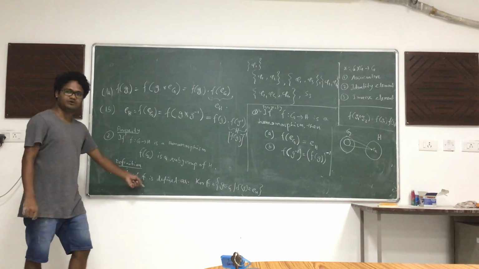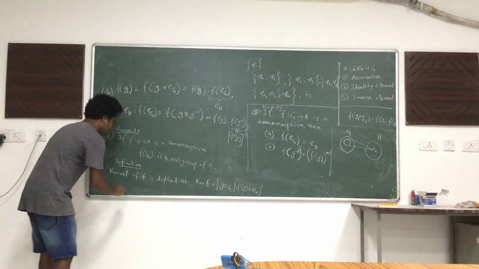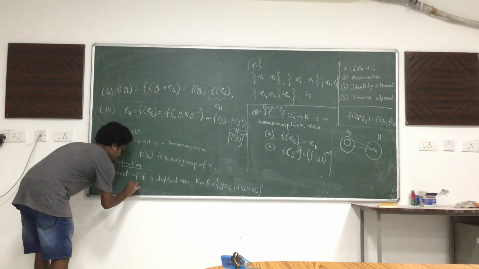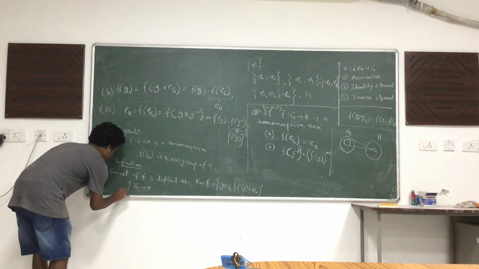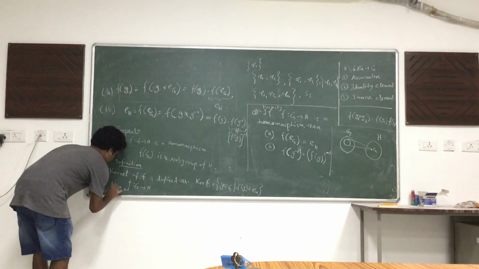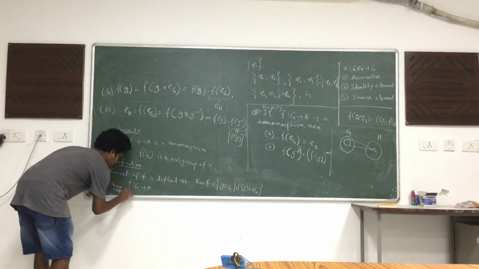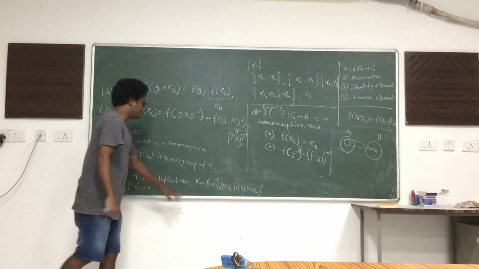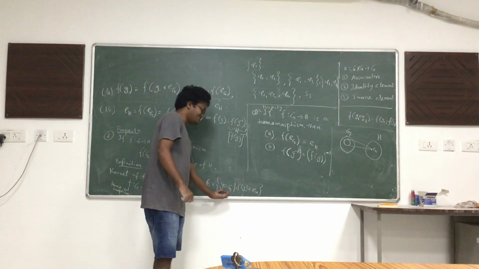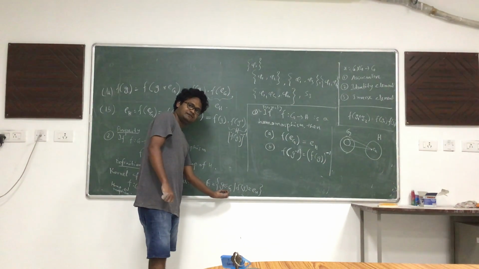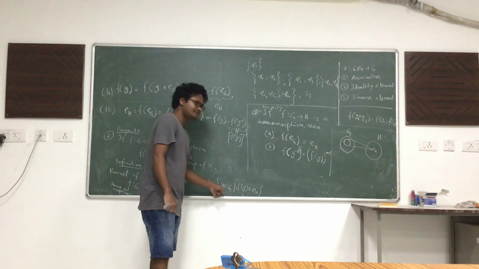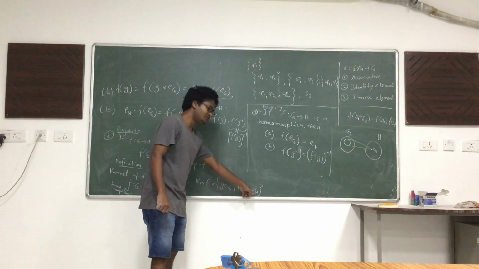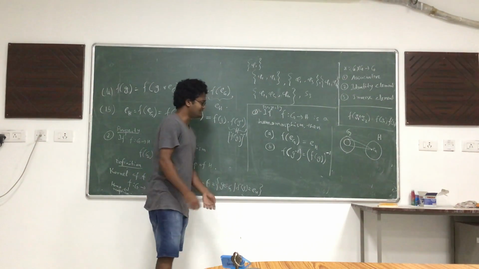Let us say F is a homomorphism from G to H. And kernel of F is defined to be the subset such that it sends those elements of the subset to the identity element of the second set.